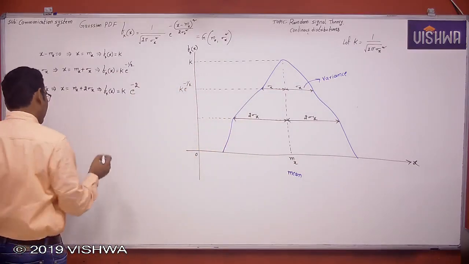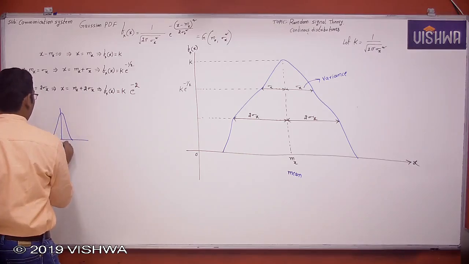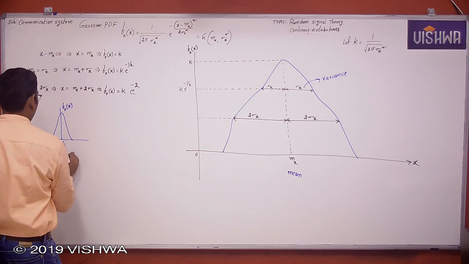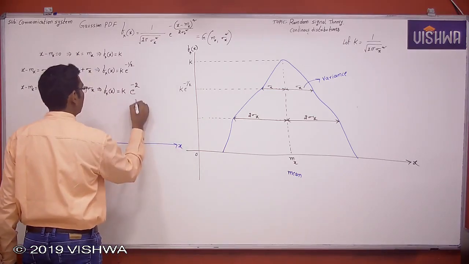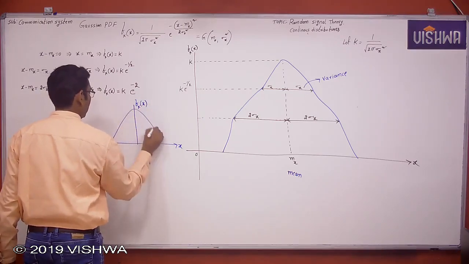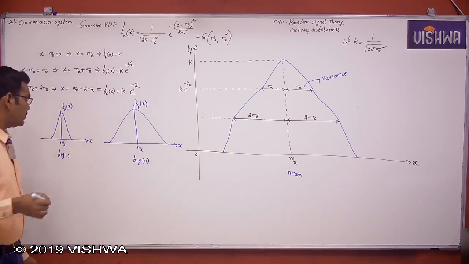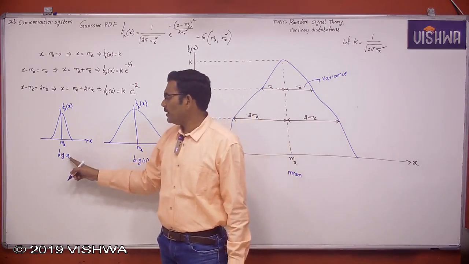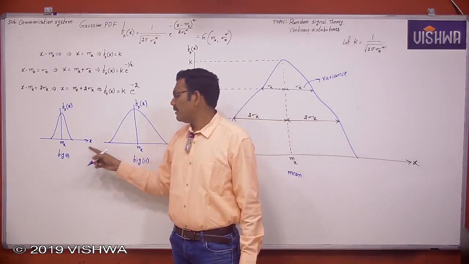In one GATE examination, a question is like this. These are the two figures given, and the options are: variance of figure 1 equals variance of figure 2, variance of figure 1 is greater than variance of figure 2, variance of figure 1 is less than variance of figure 2, or both variances are 0.